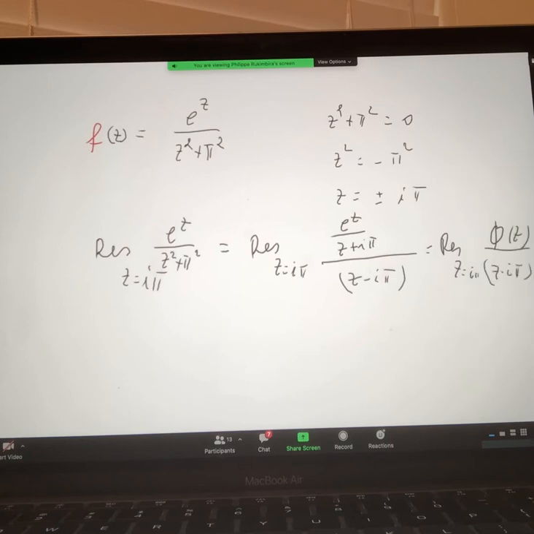That's what we call phi of z over z minus z0. You remember that form. The residue is determined by phi of z. In this case, for a simple pole, we're just going to have phi of i pi. And what I called phi was e^z over z plus i pi.